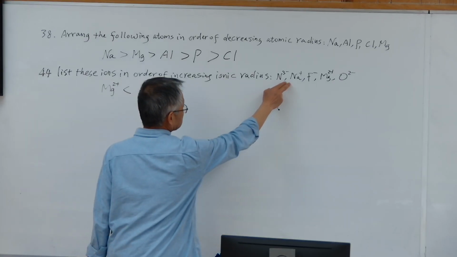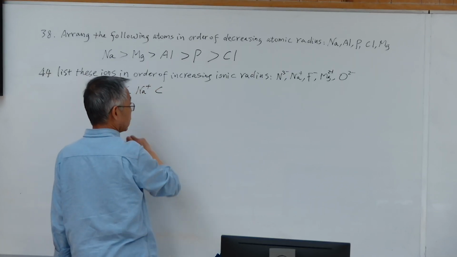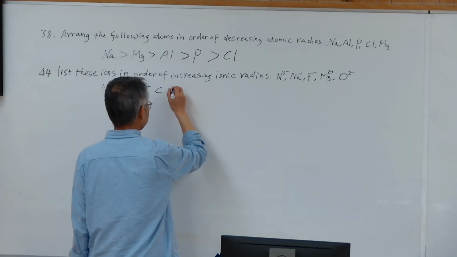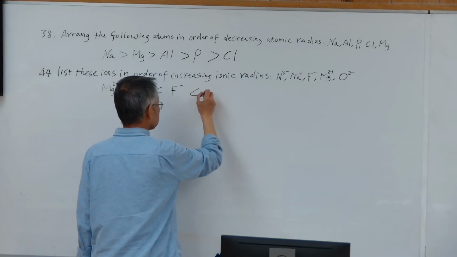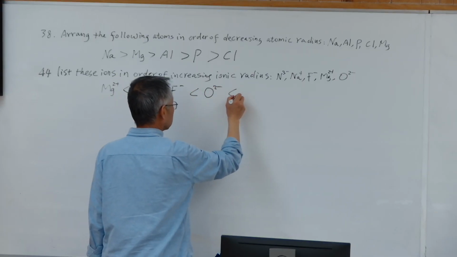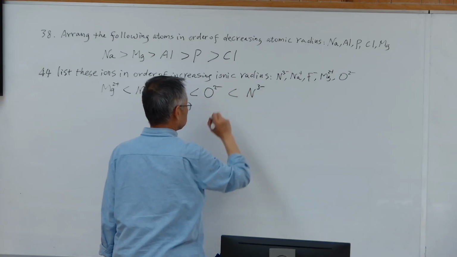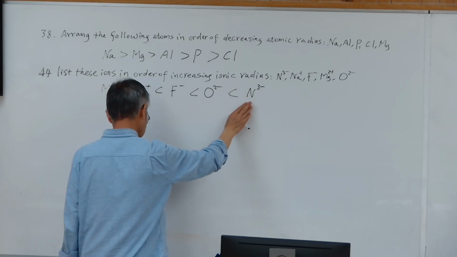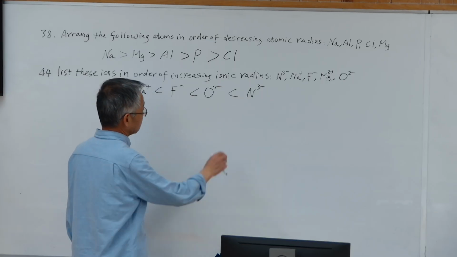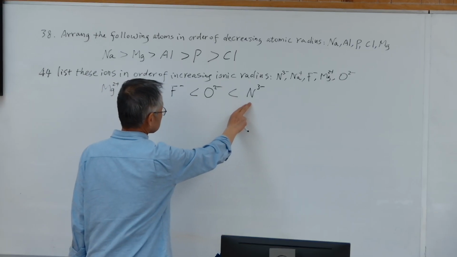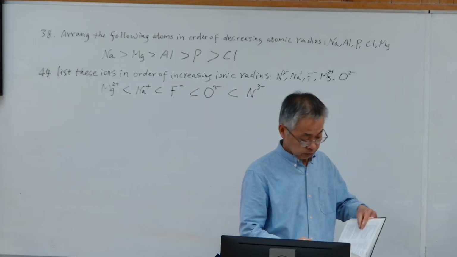Clearly the sodium, 11 protons. Then fluoride is 9 protons. Then next is oxygen, 8 protons. Last one is nitrogen, 7 protons. So nitride, N3 minus, has the largest ionic radius. Okay.